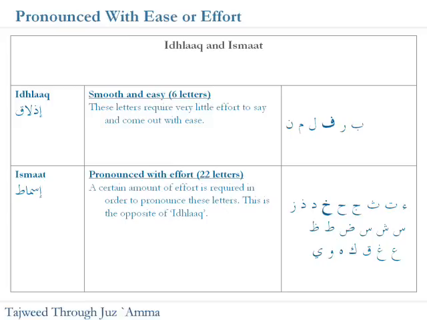Pronounce with effort: a certain amount of effort is required in order to pronounce these letters. This is the opposite of smooth and easy. If we take the kha, when you say it, you say kha. So it requires you to press the tongue in a certain place. You need a bit more breath at the beginning. If you say akh, akh, it takes effort. So that's what they're talking about with this characteristic.